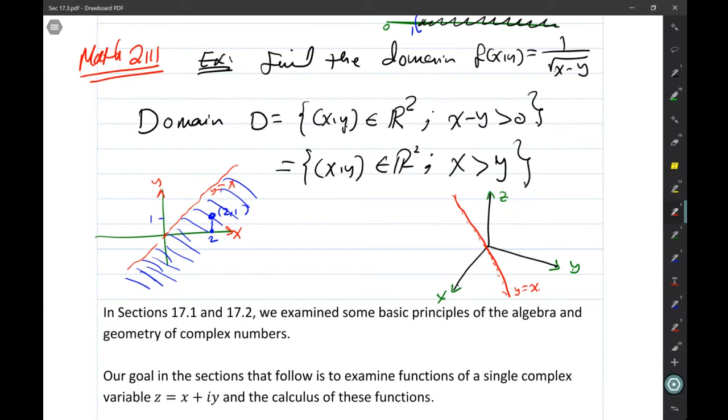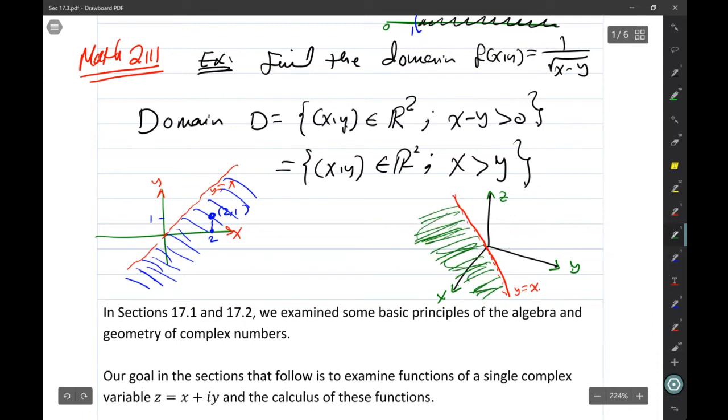So where is this domain going to be? It will be this region here. This is the domain on the plane. Here x is greater than y. Any point located here, x is greater than y.